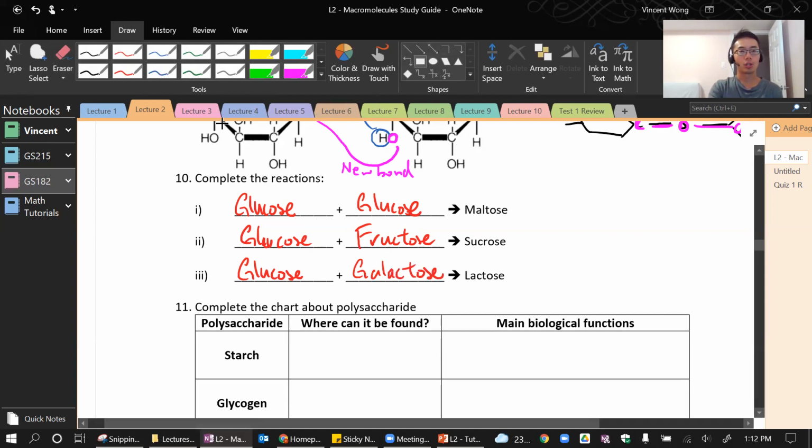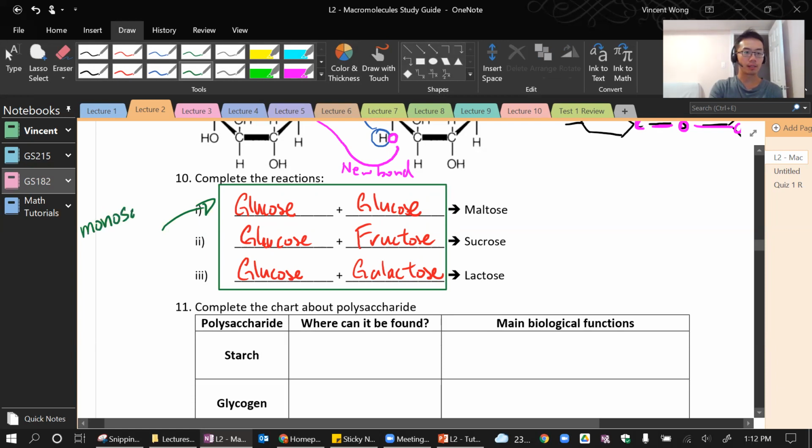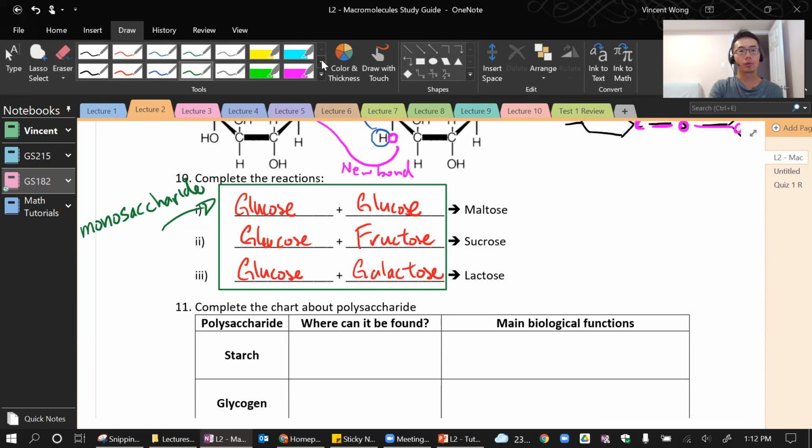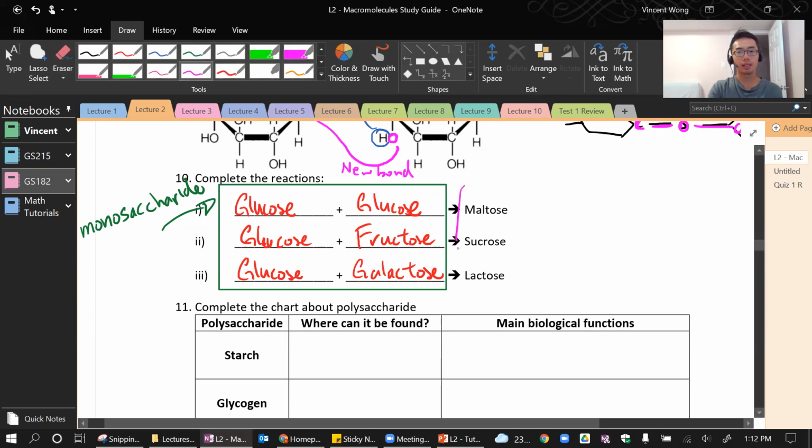Okay. So these things on the left side here are called monosaccharides, single sugars. And on the right side, these things are the disaccharides, because they consist of 2 single sugars connected together.